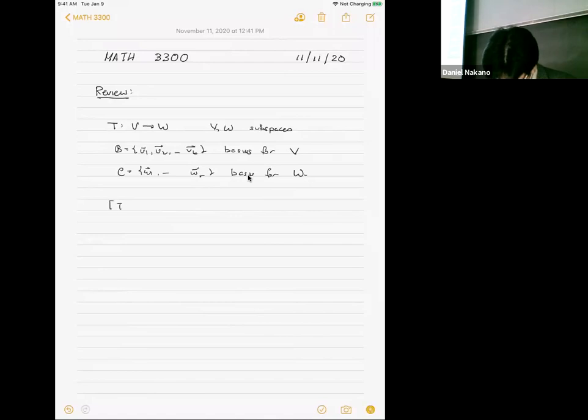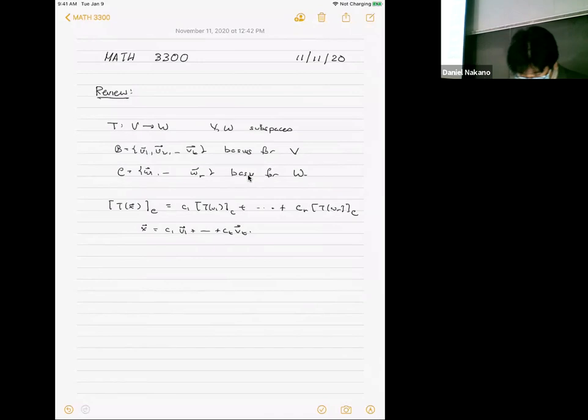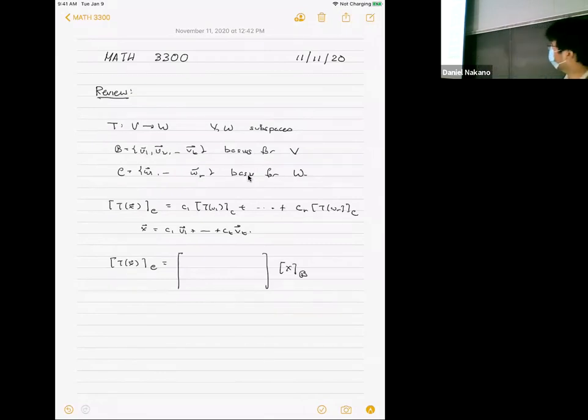If I take T of X relative to C, this is going to be C1 times T of V1 relative to C, the coordinate, plus up to CR times T of VR relative to C. Here our X is written in terms of coordinates for V. And so another way to write this is that T of X relative to C is given by a matrix times the coordinate of X with respect to beta.